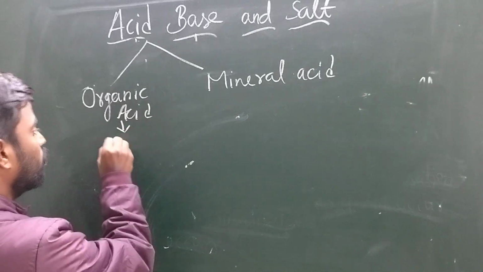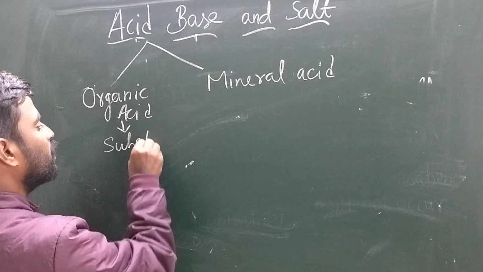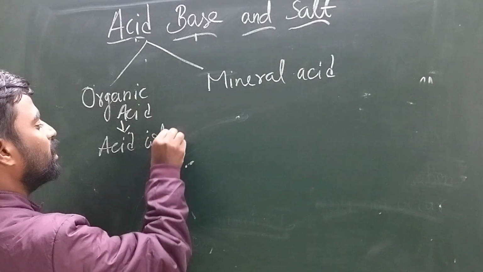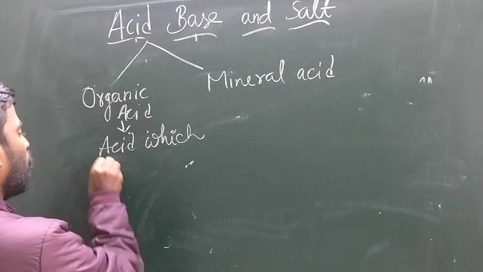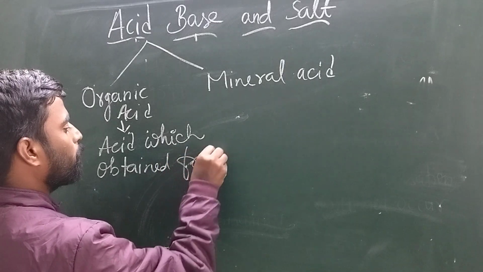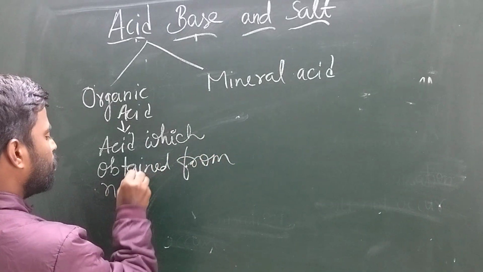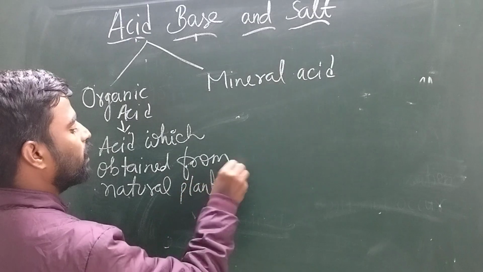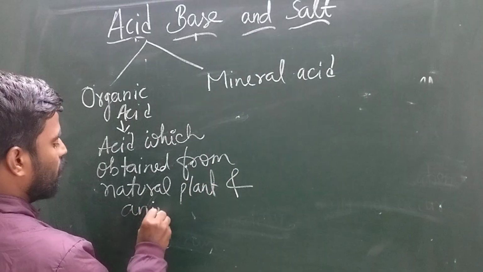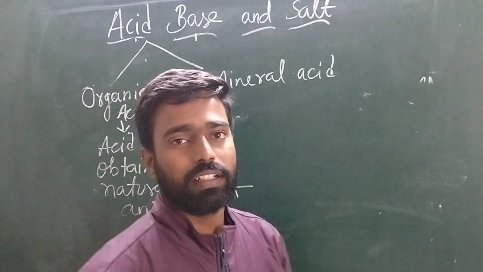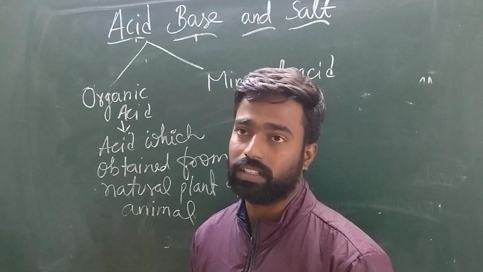Organic acid is an acid which is obtained from natural plant and animal. Which obtained from natural plant and animal are called organic acid.